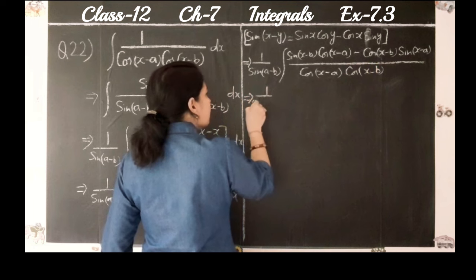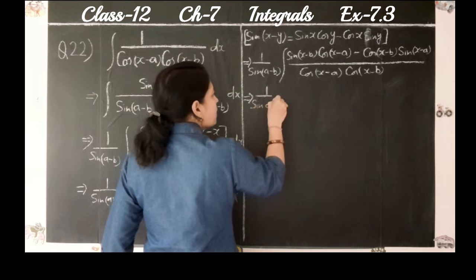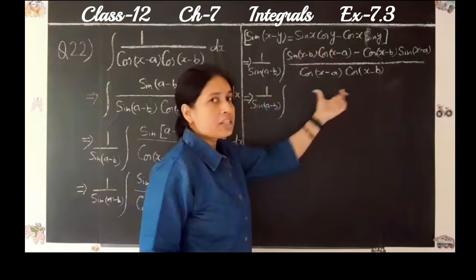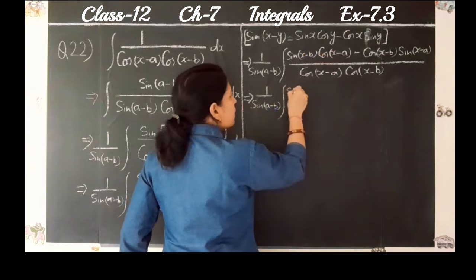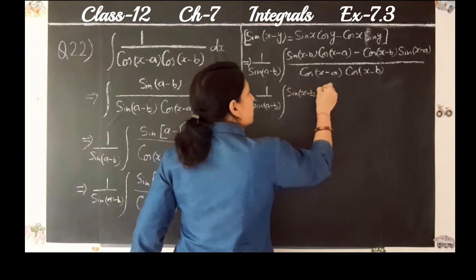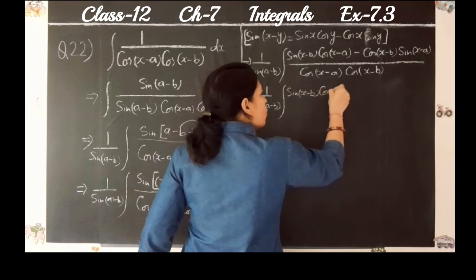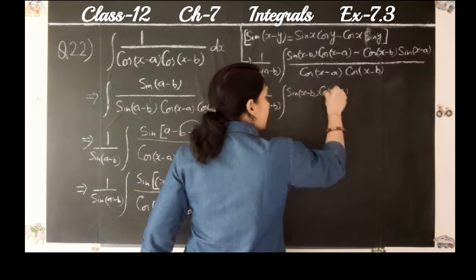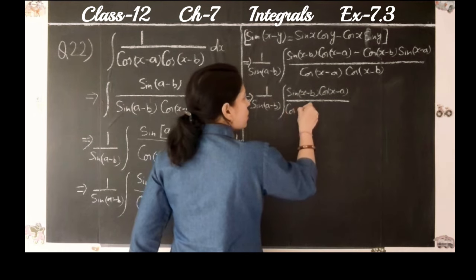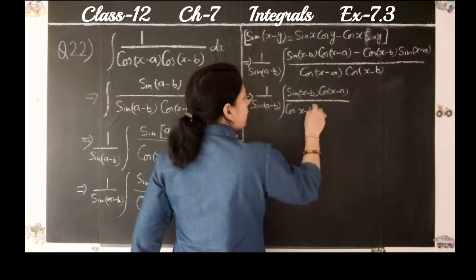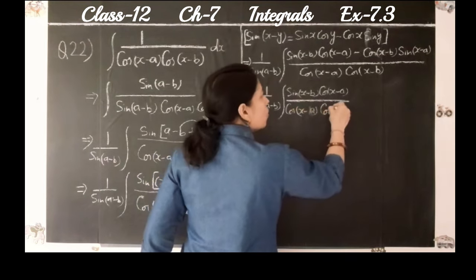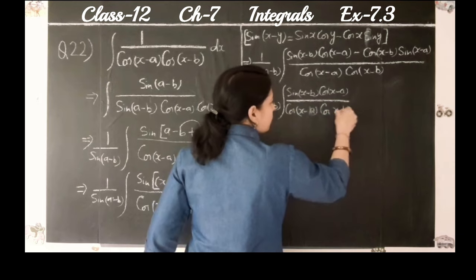Write this one, sin(a minus b), as it is. Divide both the terms by this. Okay, so write sin(x minus b) into cos(x minus a), divided by cos(x minus a) into cos(x minus b).